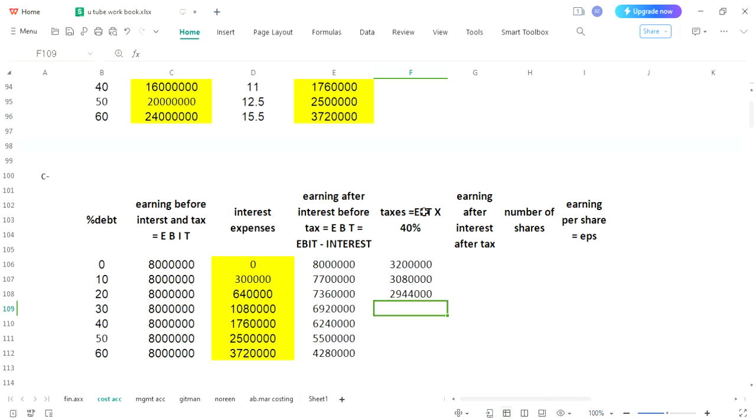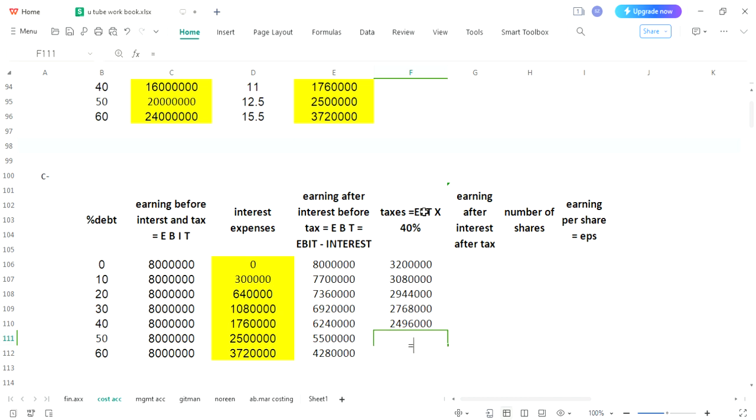Look at it several times. When you see it 6-7 times, obviously you will understand it better. I can copy this formula and paste it, but instead I am doing it manually. Amount of earning before tax multiplied by 40 divided by 100. You have got the amount of tax, which is 24,96,000.